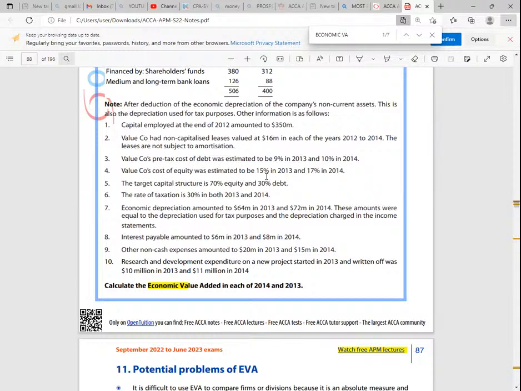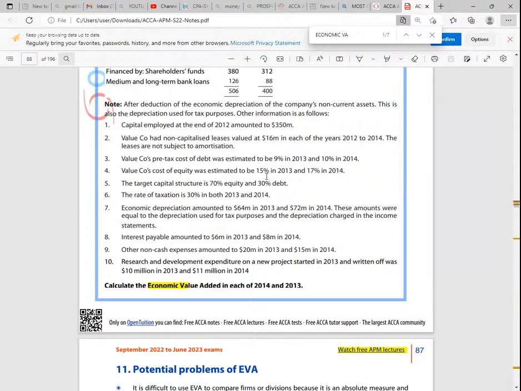So times 15%. Nope, the weight of equity for 2014 is supposed to be 17%. Weight of debt doesn't change. The weight of debt is 0.3 times the cost of debt after taxation. The cost of debt before taxation for 2014 is 10%.